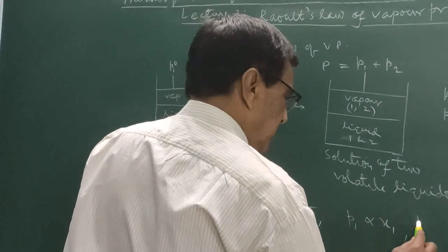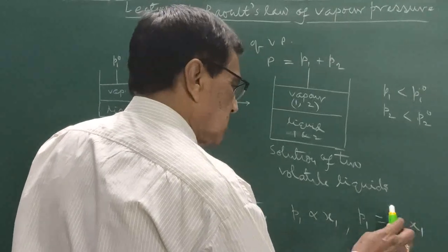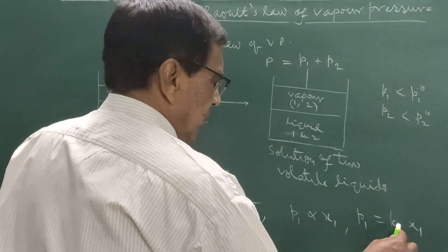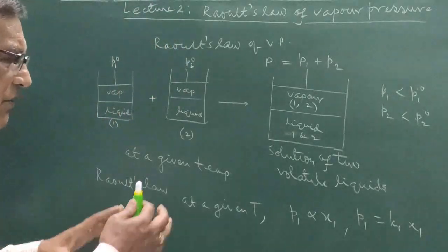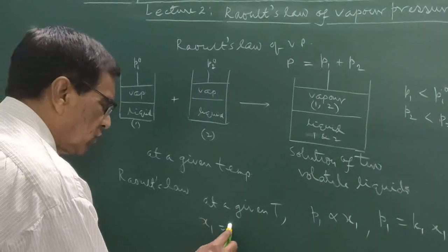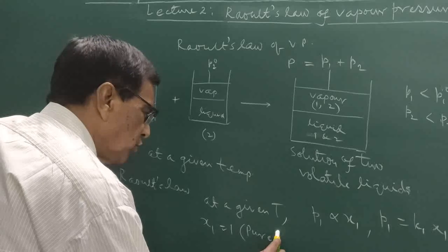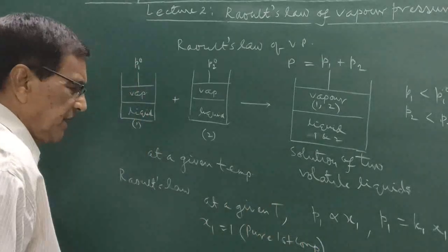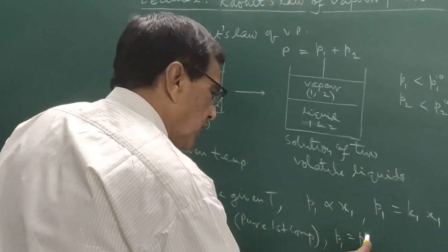And so P1 you can write as K1 into X1. K1 is the proportionality constant. K1 could be obtained in the following way: when X1 equals 1, which means pure first component, then P1 is equal to P1 naught.